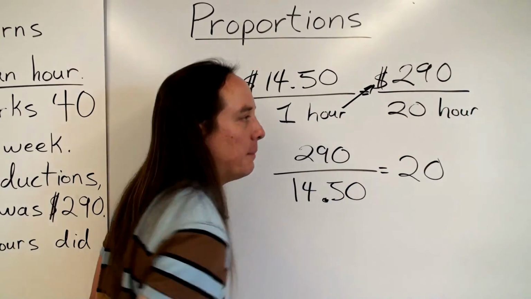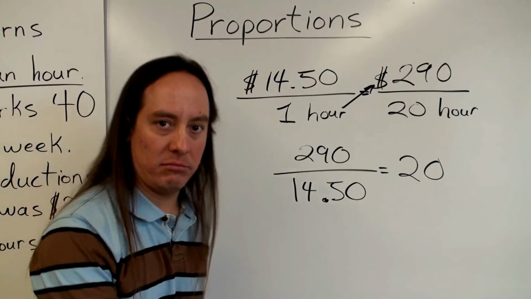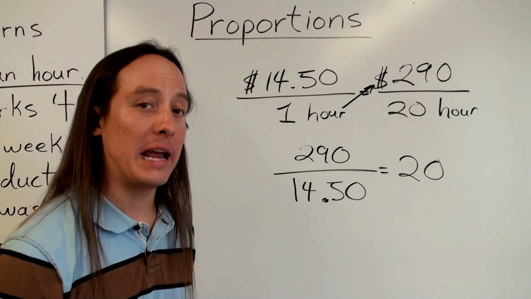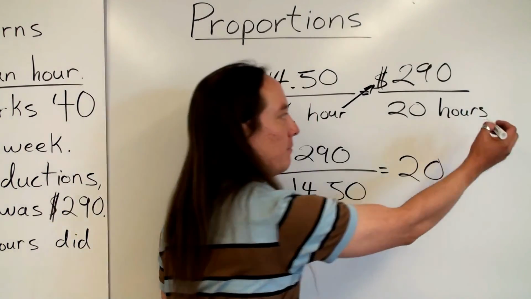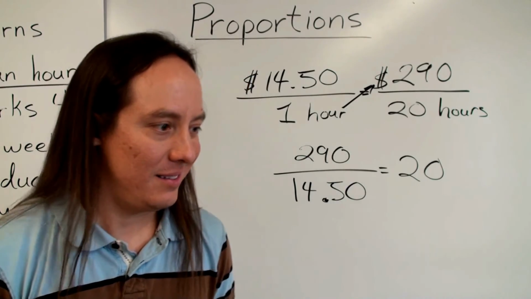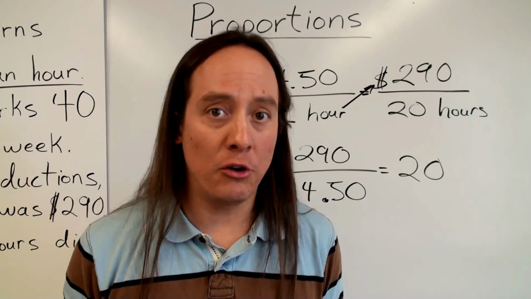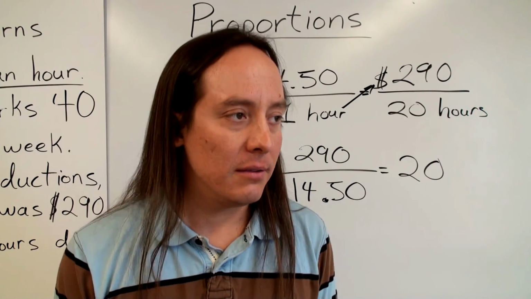So it would seem that Mr. Luke here is a part-time worker, or at least this is a part of the whole check, about half a check, because we know that he actually works 40 hours a week. Okay, so that's it. I think I've covered most of the different kinds of examples that proportion problems will present themselves to you.